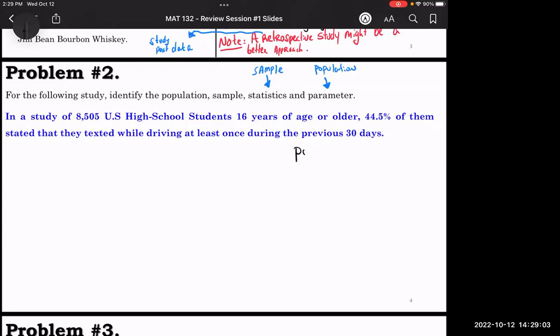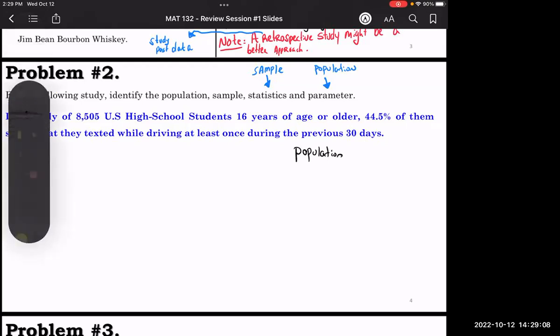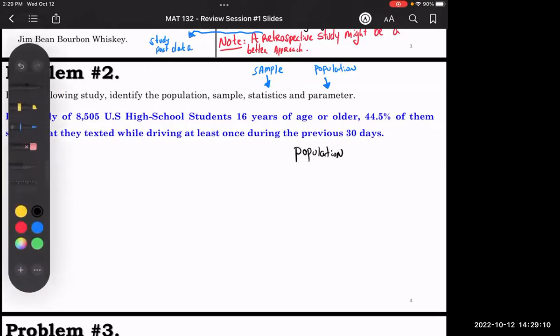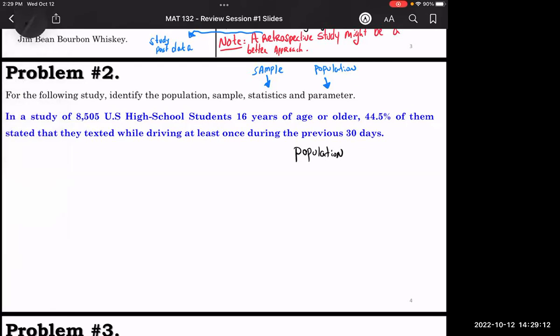However, what you've learned in class is that the population can be very large. And in order to do your statistical study, you need a good representation of your population, namely a subset of it.